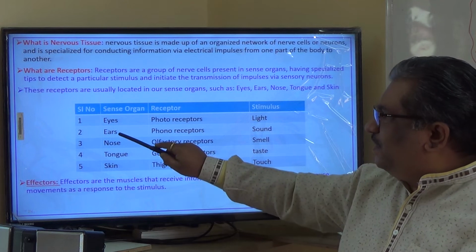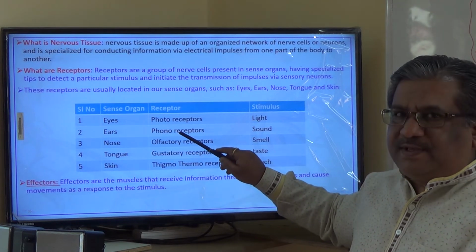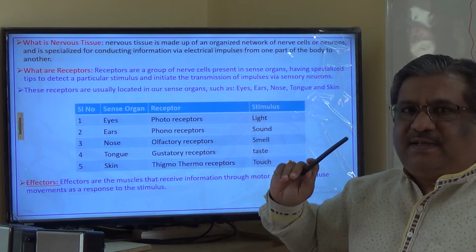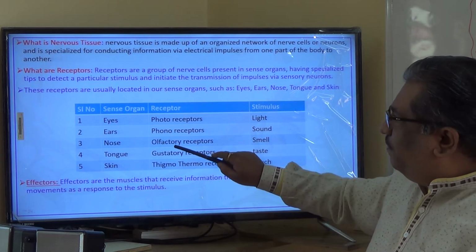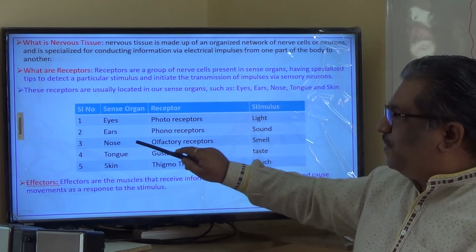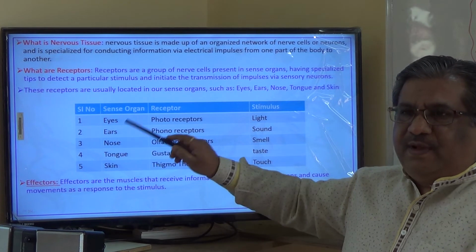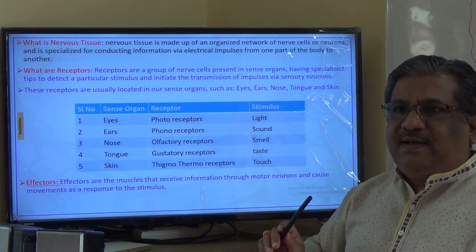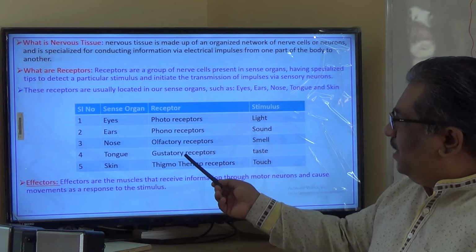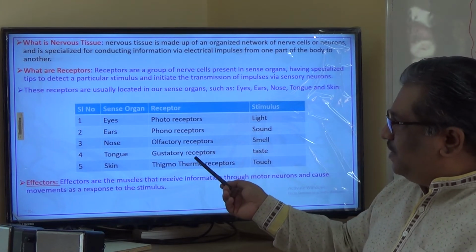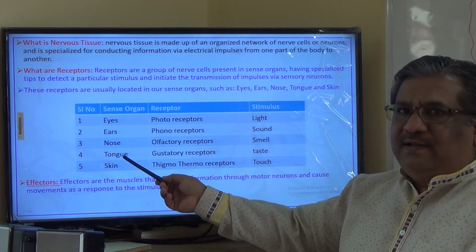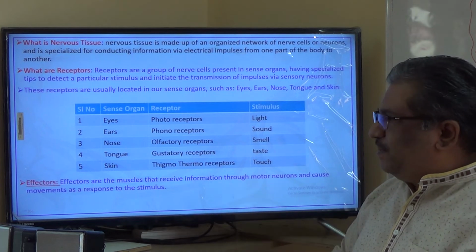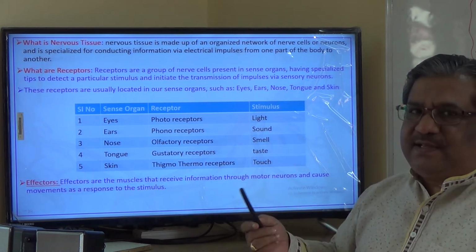Receptors present in the ears are called phonoreceptors. They sense sound. Olfactory receptors are present in the nose. Their job is to sense smell. Receptors present in the tongue are called gustatory receptors, which taste the food.